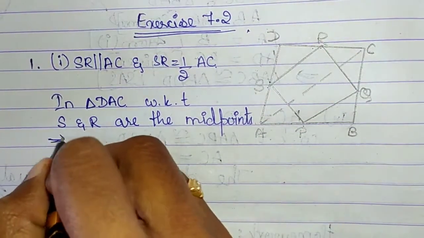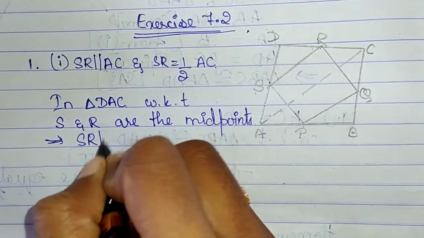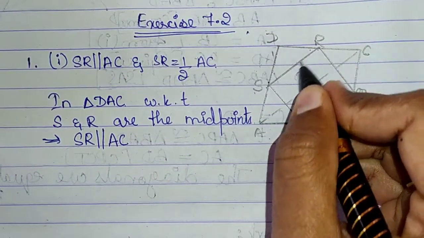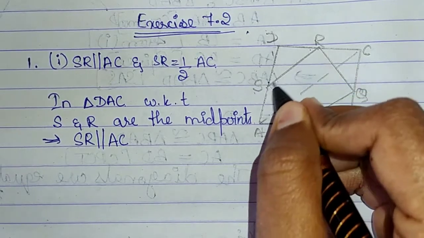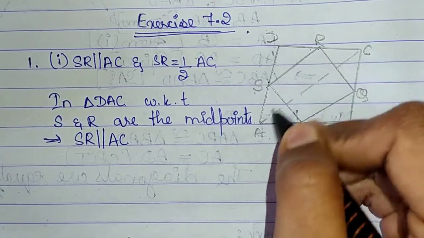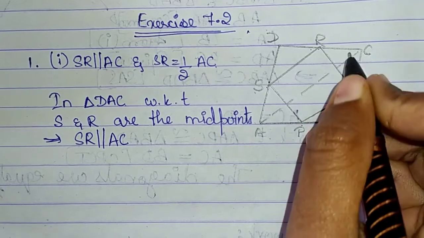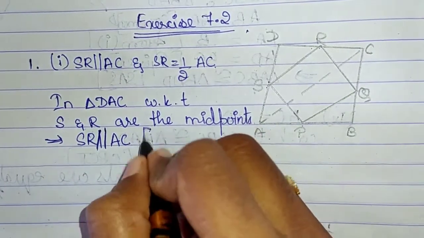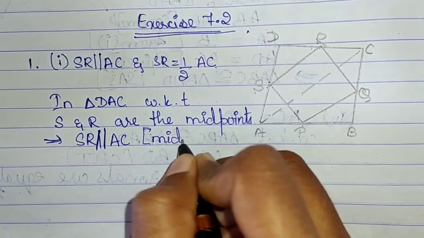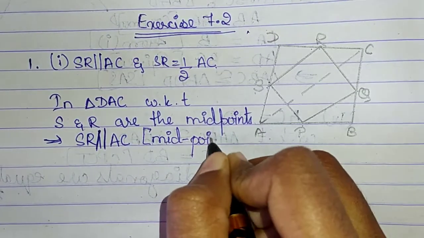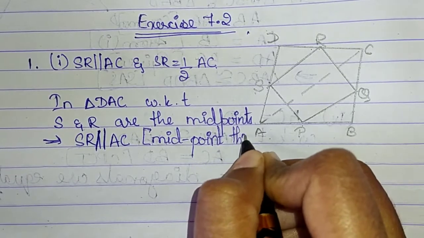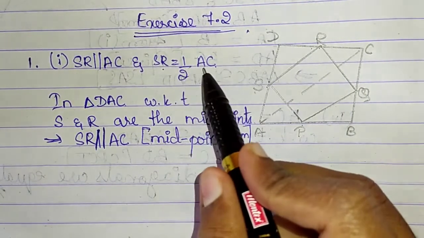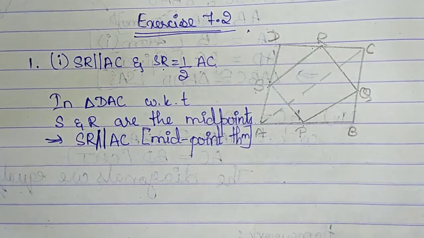So this implies SR is parallel to AC. When the line segment joins two midpoints of two sides in a triangle, then that line segment is parallel to the third side. So SR is parallel to AC from the midpoint theorem. That is our reason.